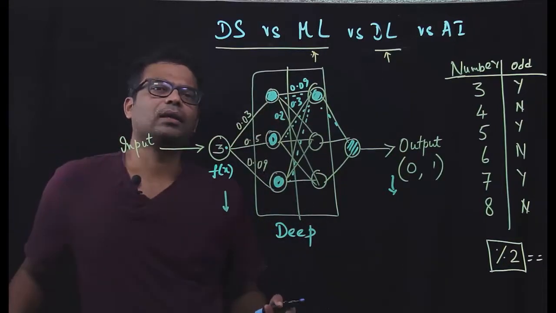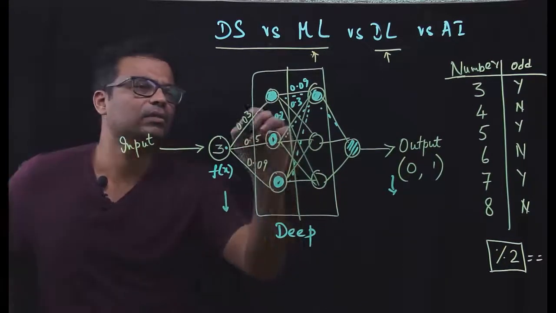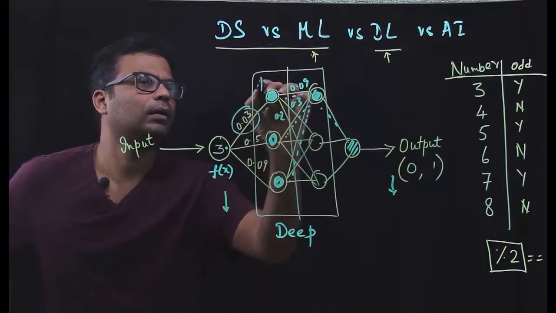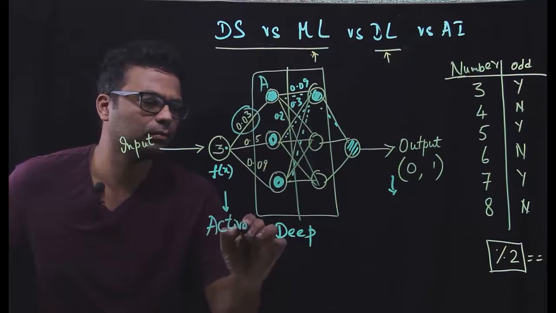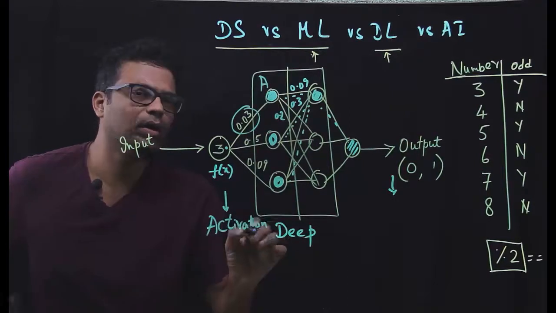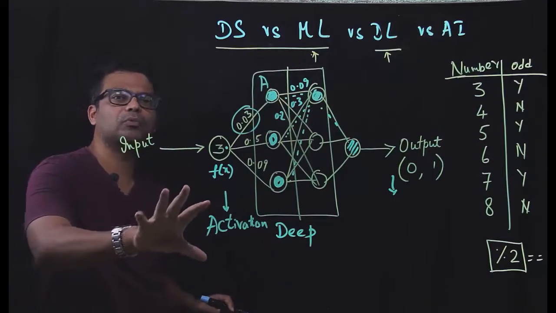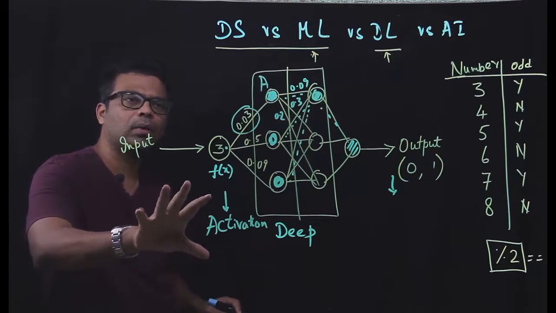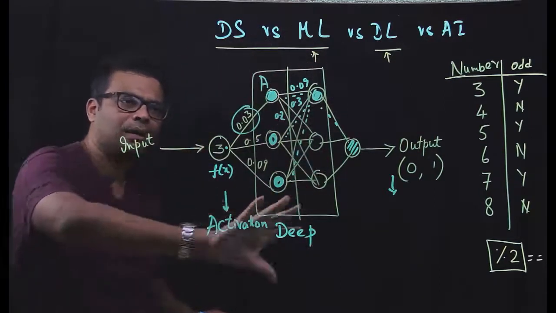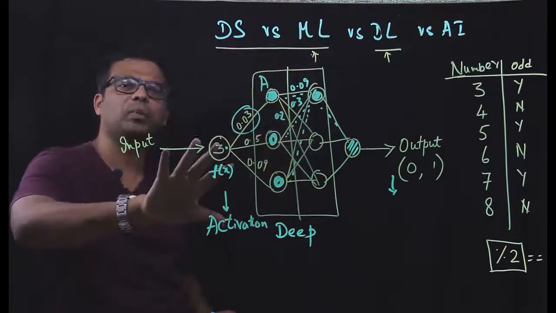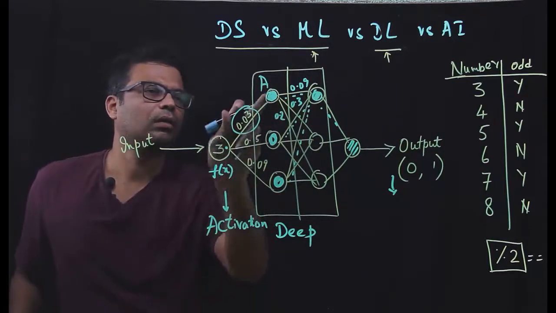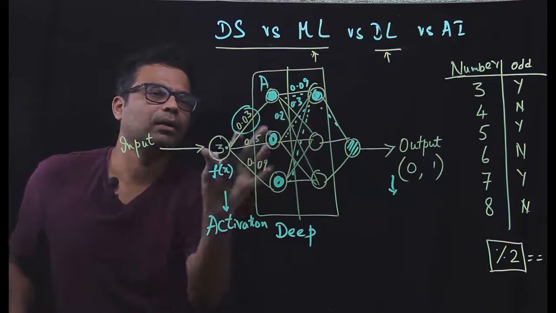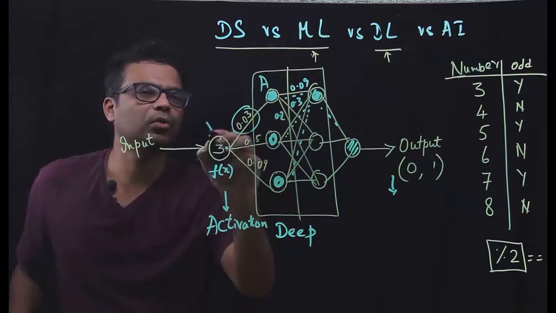All the logic lies in these weights, and this f of x is called an activation function. Now I don't want to get too deep into deep learning at this point, but the point being, this is a network that we can't explain. And the structure of this network, where the weights are multiplied into the corresponding nodes, these are called neurons.